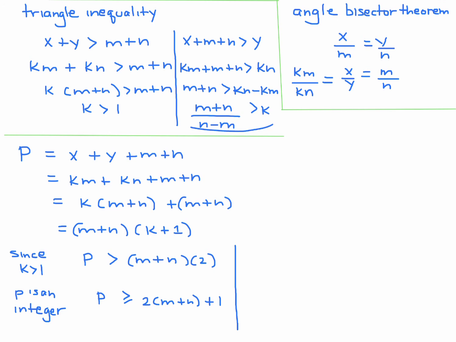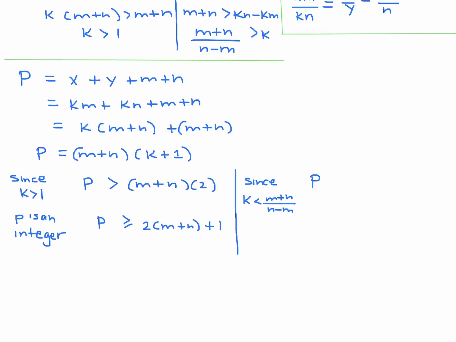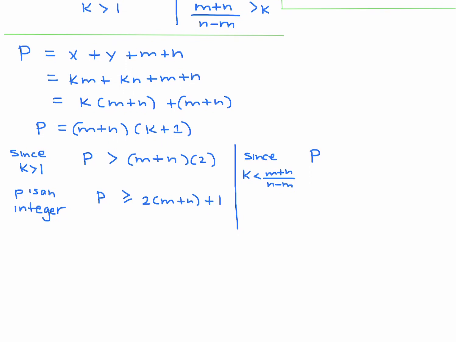Now let's talk about this inequality. Since K is less than M plus N over N minus M, that means that this can be looked at in a very similar way, that's equal to P. So that means that P is less than M plus N times this.